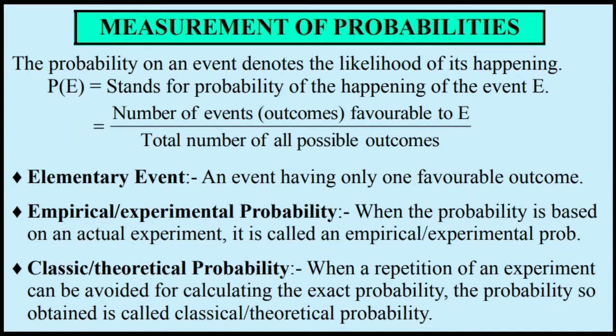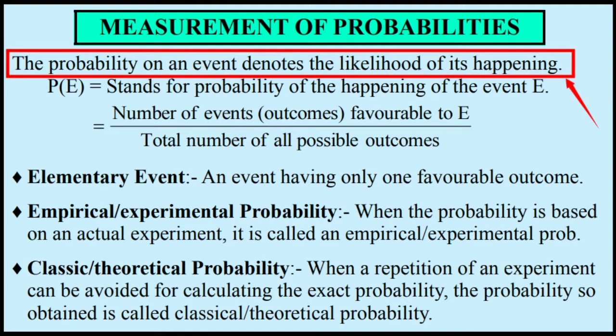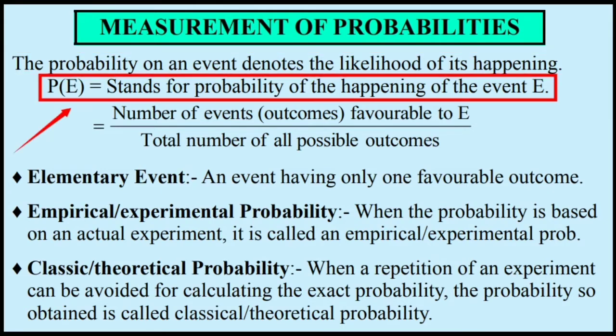Here is measurement of probabilities. The probability of an event denotes the likelihood of its happening. It is written as P and within brackets E, where P stands for probability and E is an event.